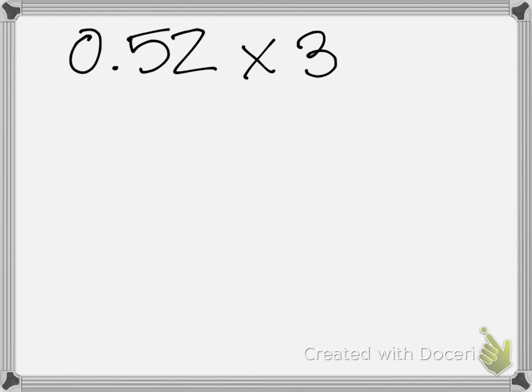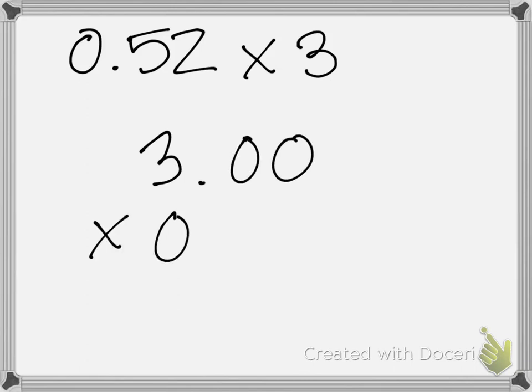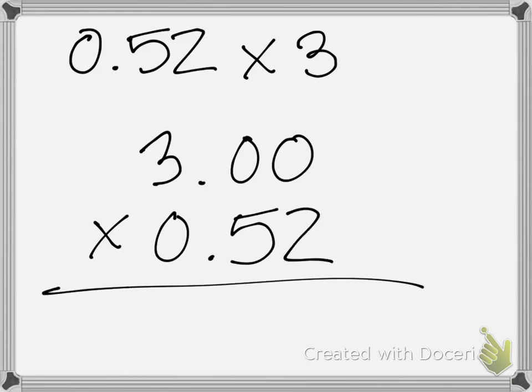So when he set this up, he set it up as 3.00 times 0.52. Now, with multiplying, do we need to line up the decimals? No. We only line up the decimals when we do what, Elsie? Subtract and add. Yes, when we subtract and add.